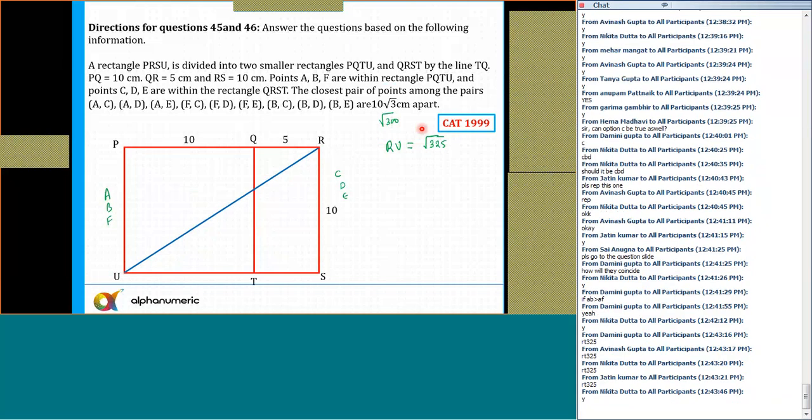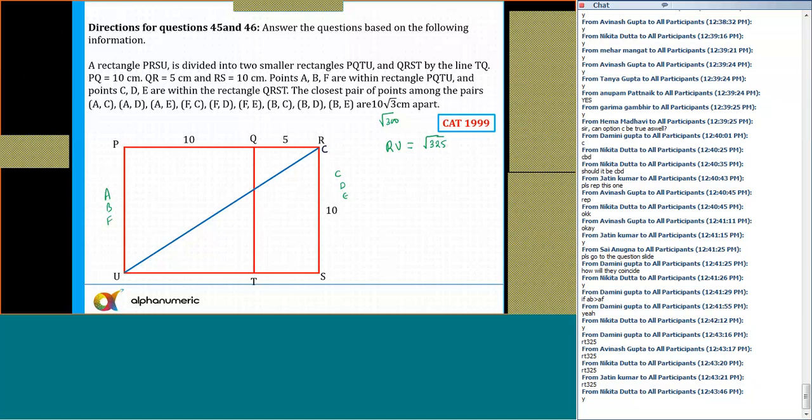Yes or no? So it means these 3 points should be very, very close to points P and E. These 3 points should be very, very close to R and S. Why? Let's say I am taking one of the points on this diagonal. Okay, if I'm taking the point C here.